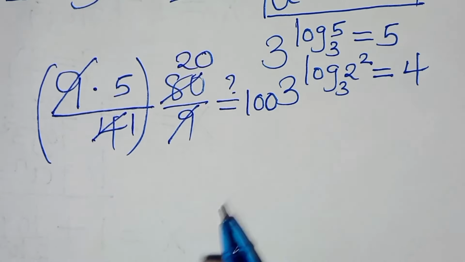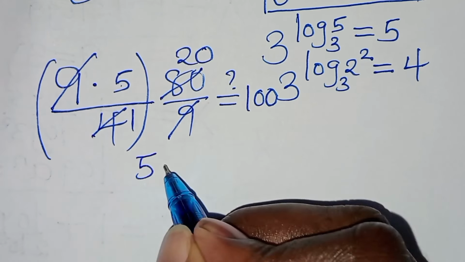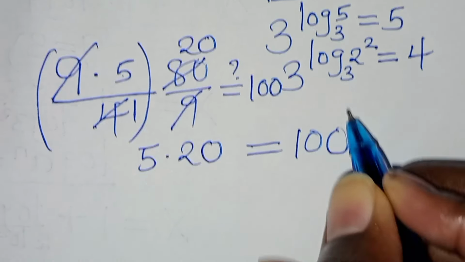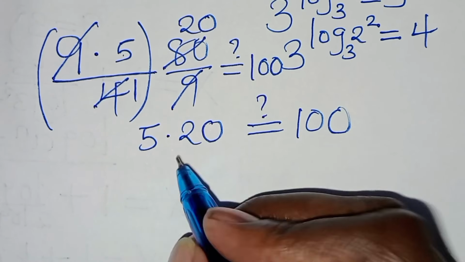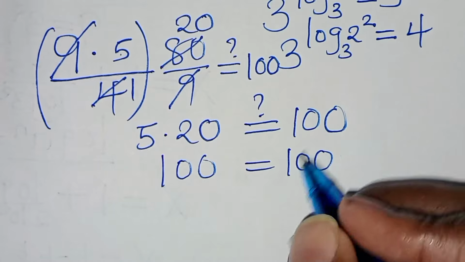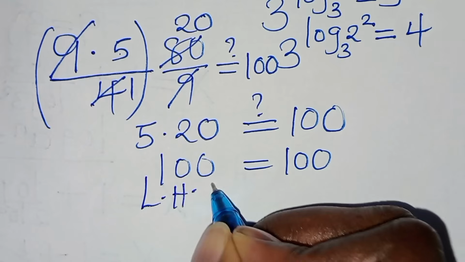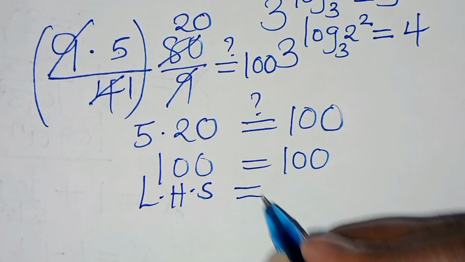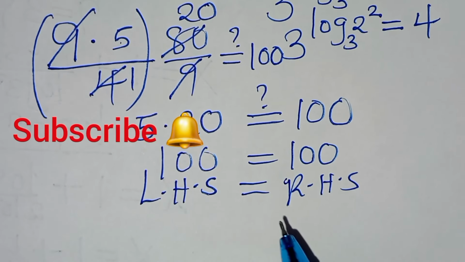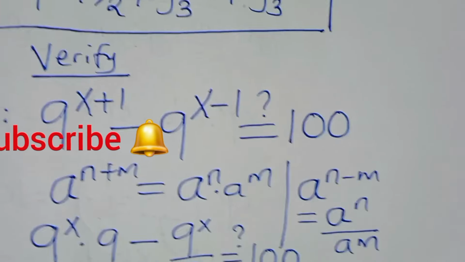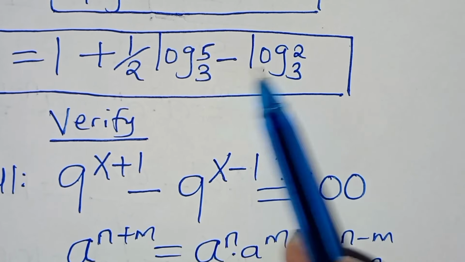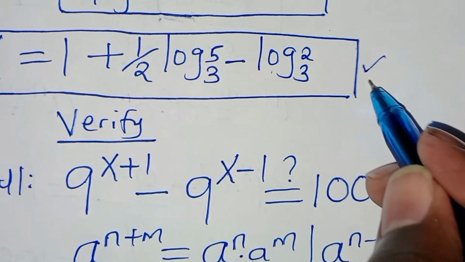So we have 1. So therefore we have 5 times 20. This should give us a value of 100. So 5 times 20, this is 100, which is equal to 100. So this implies that the left hand side is equal to the right hand side. And this implies that the value of x, which is equal to 1 plus a half log 5 to base 3 minus log 2 to base 3, satisfies the equation.